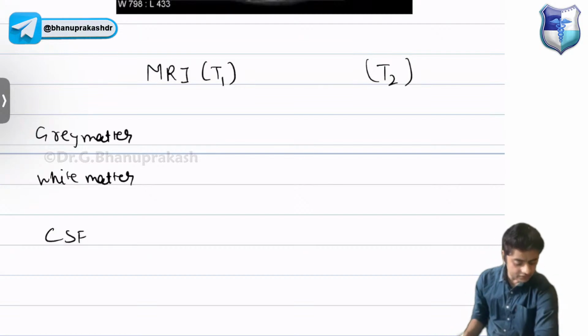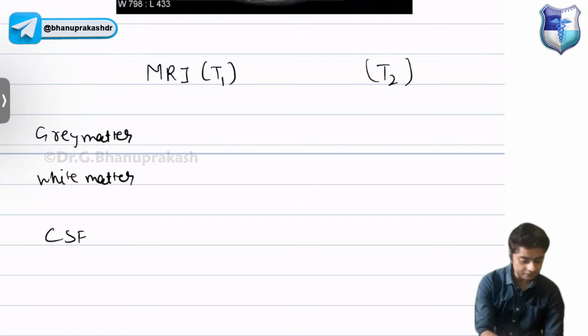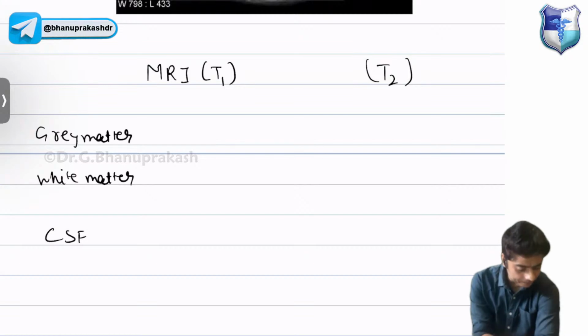So just tell me the difference. Anyone in the comment section?